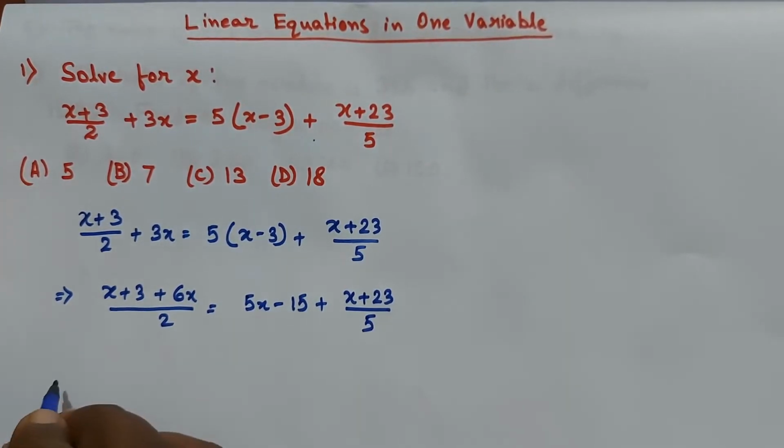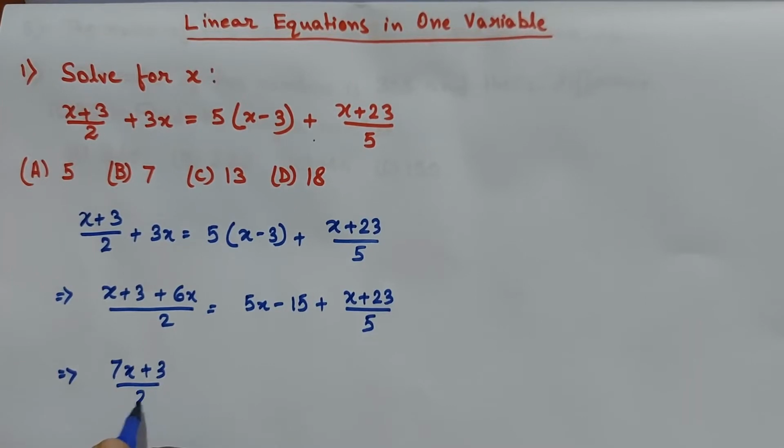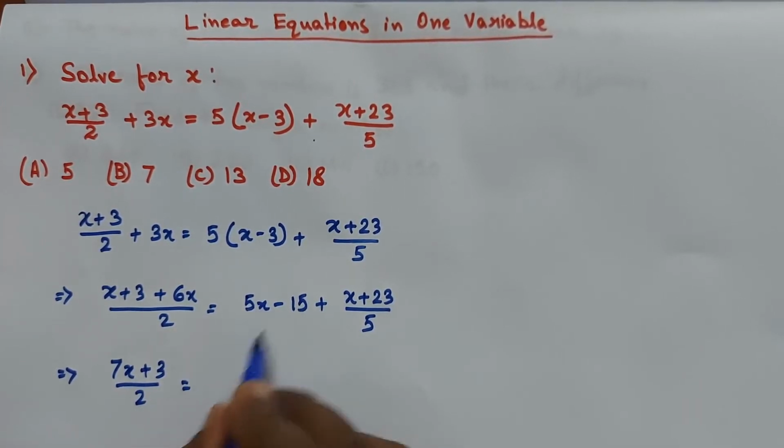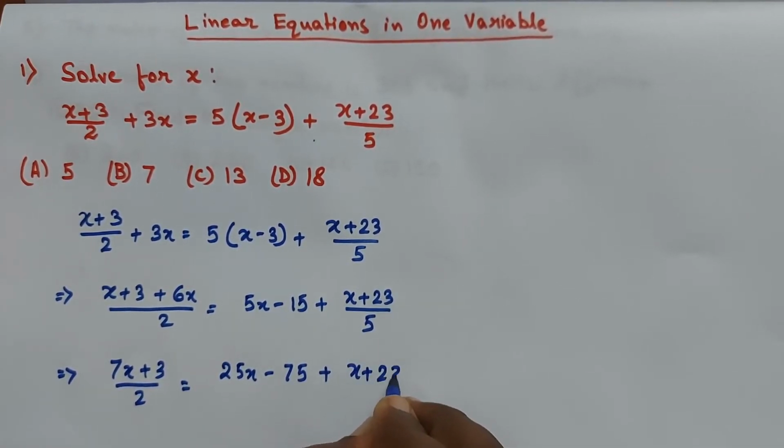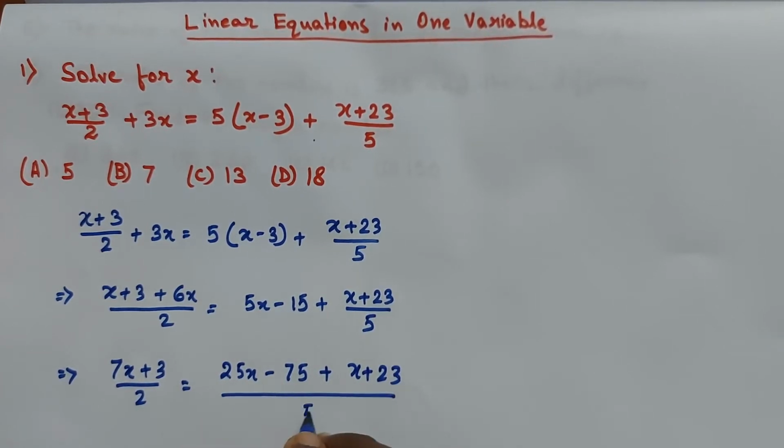Okay, or x + 6x is 7x, plus 3, over 2. Okay, now this is 25x - 75 + x + 23, over 5.